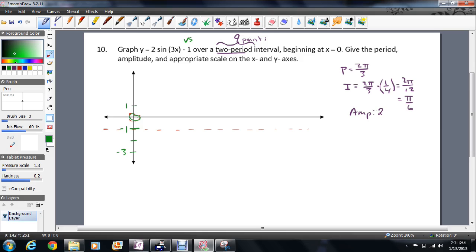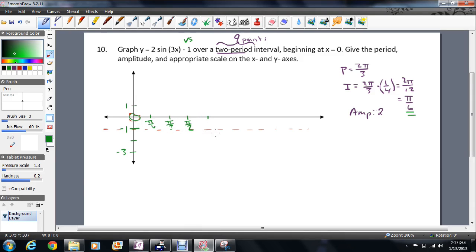So here's my first point at 0. My next point would be pi over 6. My next point would be pi over 3. My next point would be pi over 2. Again, I'm getting these tick values on the x-axis simply by adding pi over 6 each time.